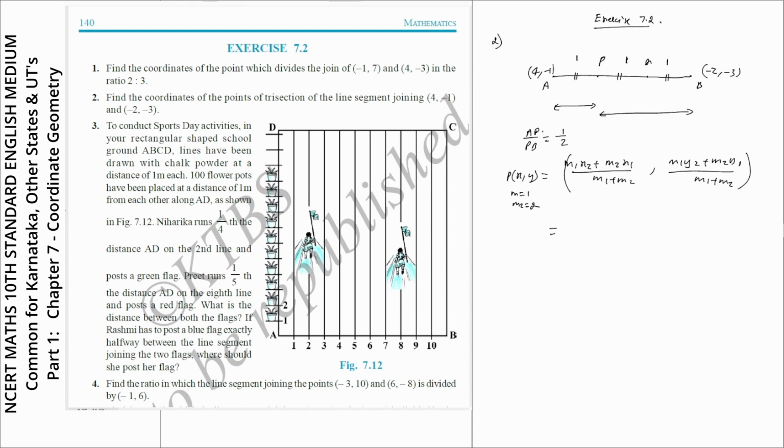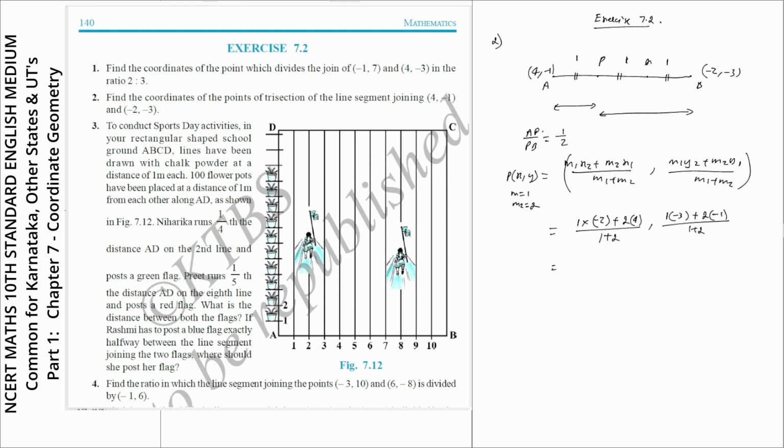So now substitute the values of m1, m2 here. m1 is 1 into x2, y2 I'll take from B. Okay, so x2 is minus 2, plus m2 is 2 and x1 is 4, divided by m1 plus m2, that is 1 plus 2. Here m1 is 1, again y2 is minus 3, plus m2 is 2 and y1 is minus 1, divided by 1 plus 2.